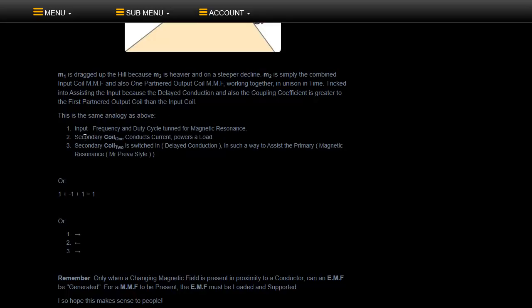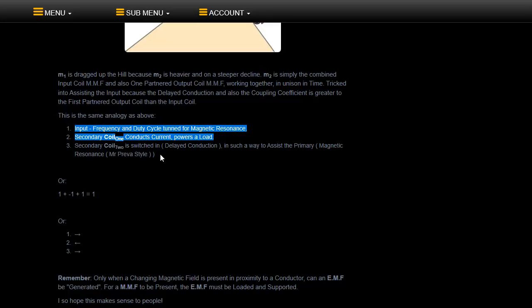Anyway, secondary coil 1 conducts current, powers the load. Okay, so secondary coil 2 is in opposition to 1. Okay, Lenz's law. So we're going to have opposing magnetic fields.